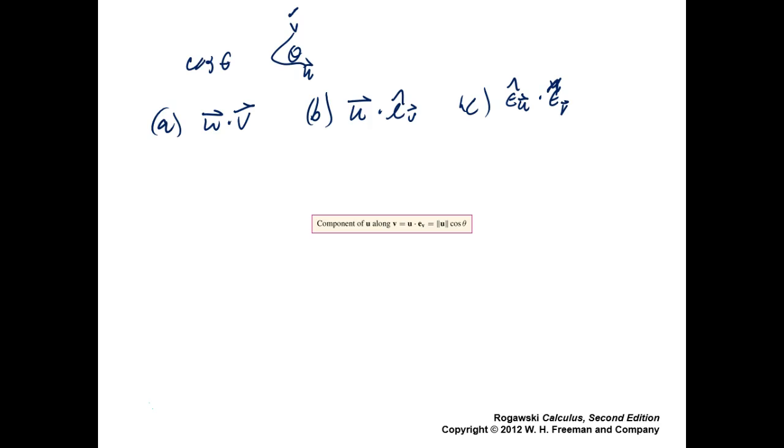Which is cosine theta? By our definition, if you remember, cosine theta was u dot v over magnitude of u, magnitude of v, right? That's what cosine theta was.